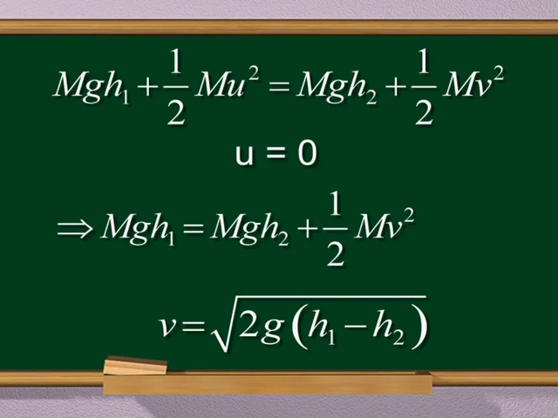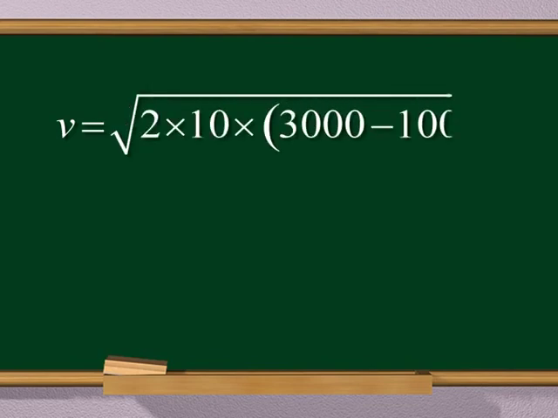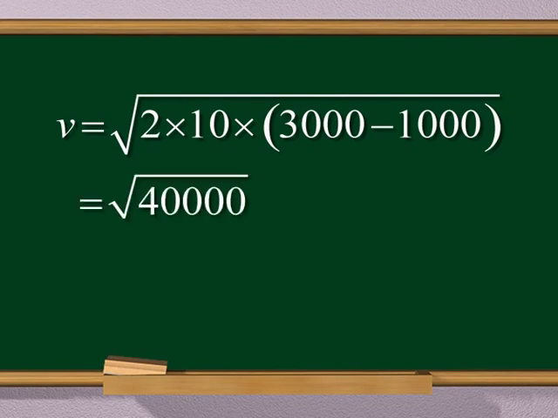Thus, on substituting the values of g, h1 and h2, we get v equal to under root of 2 into 10 into 3000 minus 1000, or under root 40,000. This gives v equal to 200 meter per second. Hence, the velocity possessed by the ball at its final position is 200 meter per second.